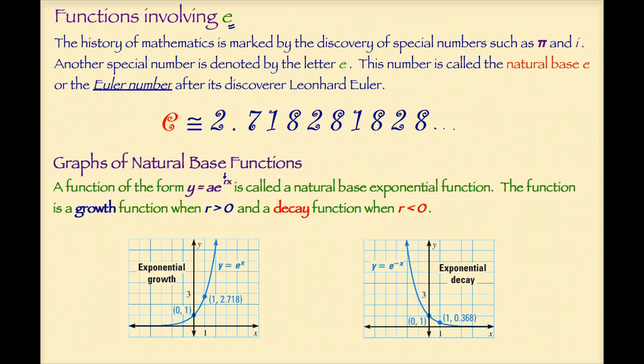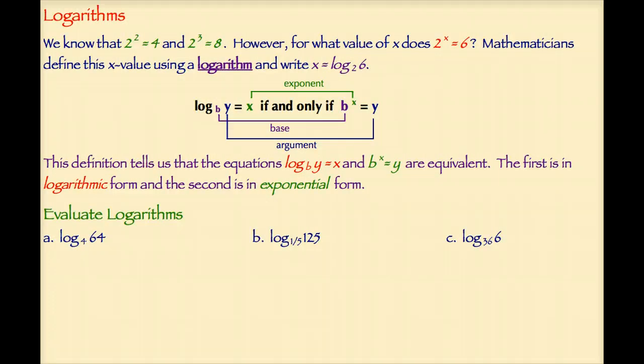We're going to switch gears now and talk about logarithms, which are the inverse operations of exponentials. What is a logarithm? Well, we know that 2 squared is 4. 2 cubed is 8. However, for what value of x does 2 to the x equal 6? Since we know that 2 squared is 4 and 2 cubed is 8, 6 is between 4 and 8, so we might deduce that this exponent has to be between 2 and 3.